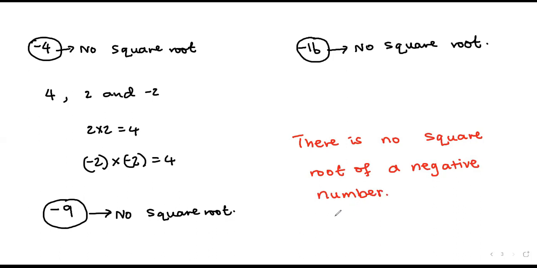A negative number cannot have a square root because there is no number that we can multiply by itself to get a negative number. So that's why there is no square root of a negative number. Okay.